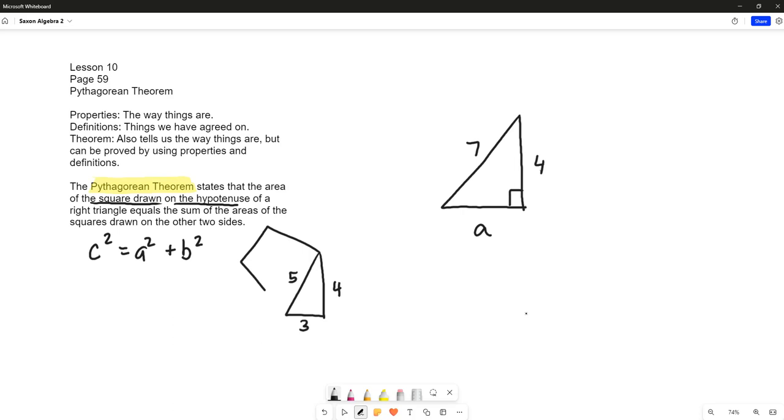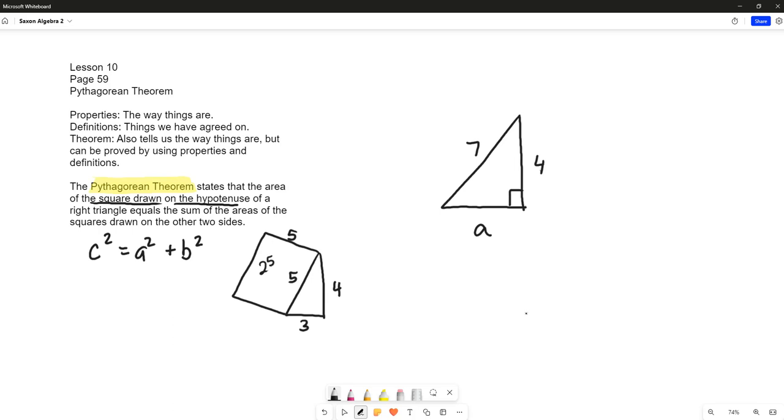So what you know is that if it's a square, all sides are the same size, right? Well, this hypotenuse has a length of 5, so that means the side here also would have a length of 5. So that means it would be 25 square units.